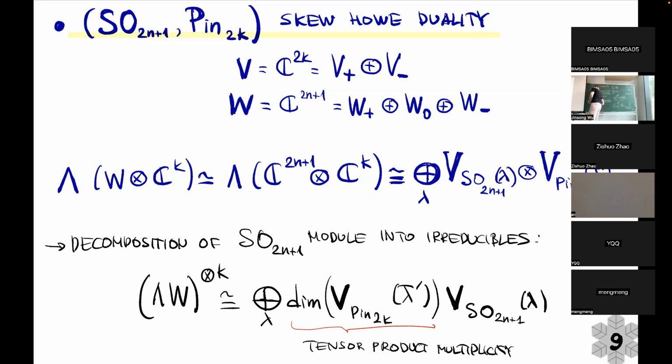Here we have the spinor representation, and here we have the exterior algebra. Does anybody guess how this can help us with this? Because at first it doesn't look quite the same. Do you have any ideas about that?